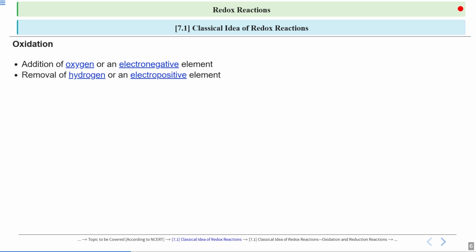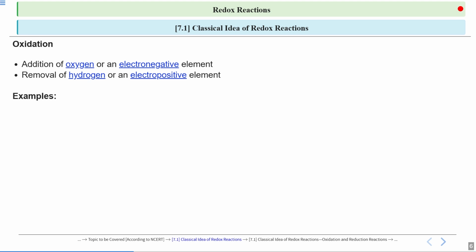If we understand oxidation with respect to hydrogen, that means if the removal of hydrogen is taking place or the removal of an electropositive element is taking place, this would also be considered an oxidation reaction.